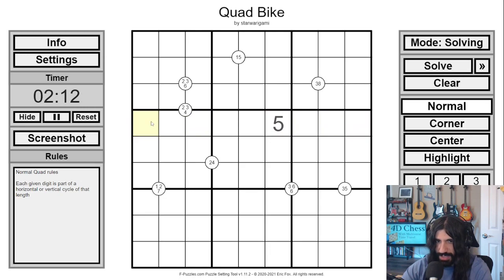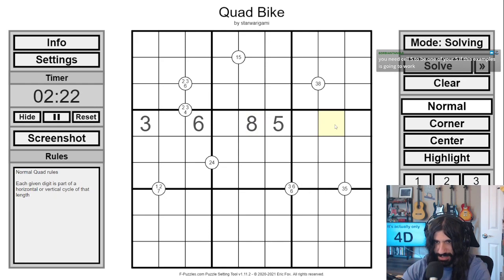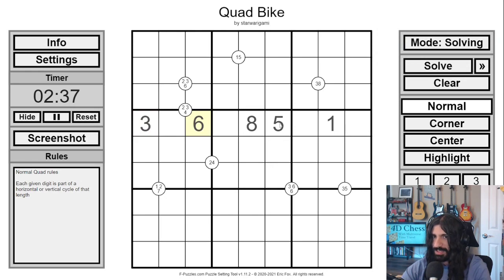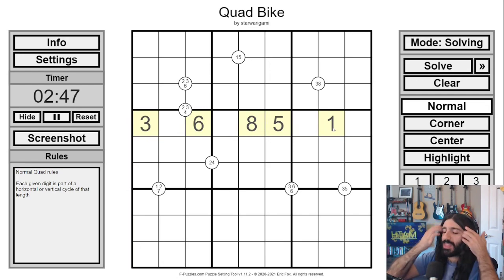So let's say this is a 3 and this is a 6 and this is an 8 and this is a 1. So this is a horizontal cycle of length 5. Because if you start here, this points us to 1, which points us to 3, which points us to 6, which points us to 5, which points us to 8, and that points us back to 1. So there's a closed loop path within these cells.